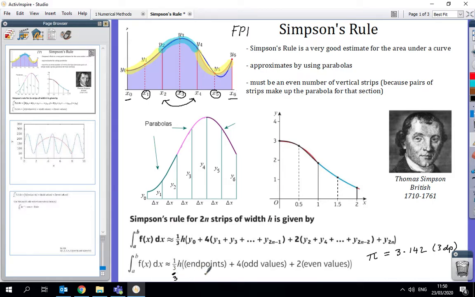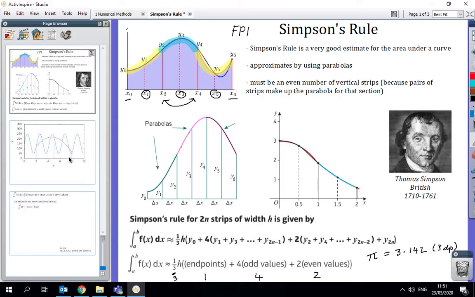You then get 1 for the endpoints, and we know the endpoints come first. Then the odd values go with 4 because we've got odd ones coming up afterwards, and then the even values are 2. So that's my way of remembering the third, 1, 4, 2.